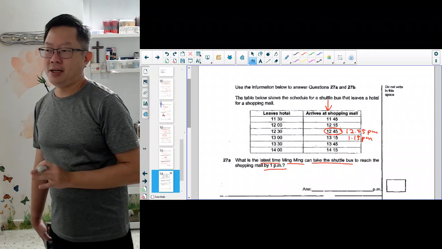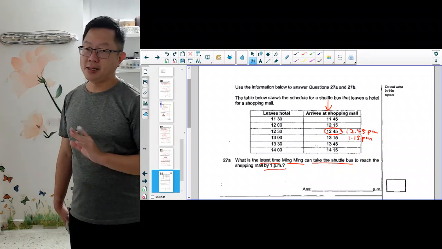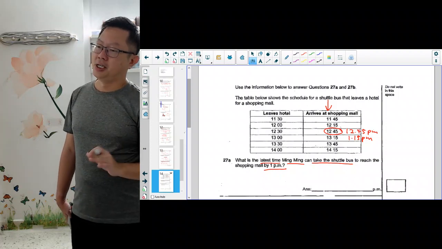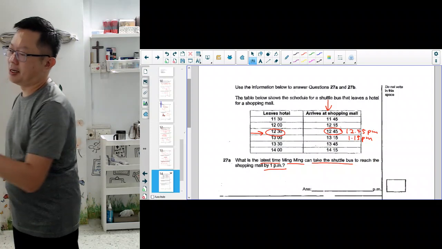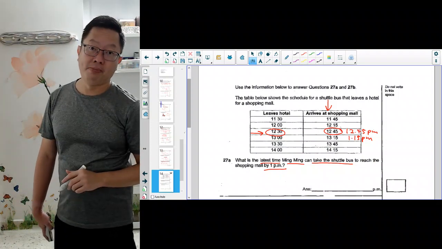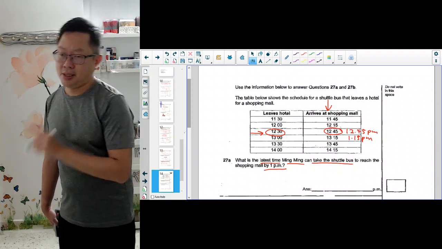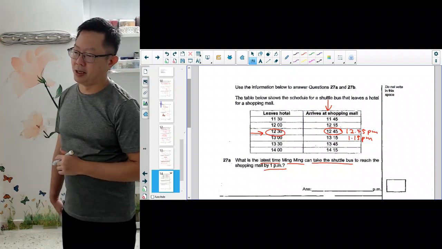So which means that the latest time you can take the shuttle bus will be at 12:30. So this is the latest time, right? If you take a bus at 12:30, then you will arrive at 12:45 p.m. If you take the bus at 13:00, what happens? You will arrive at 1:15 p.m. Then you'll be late.